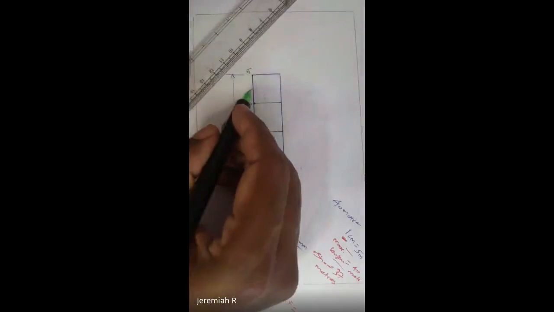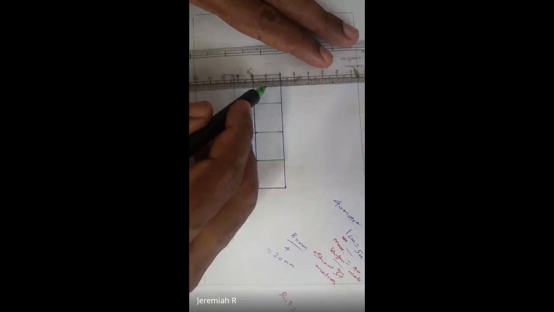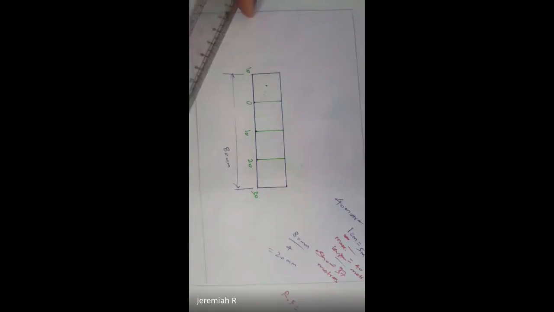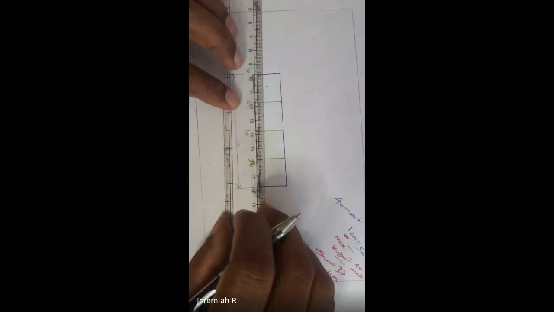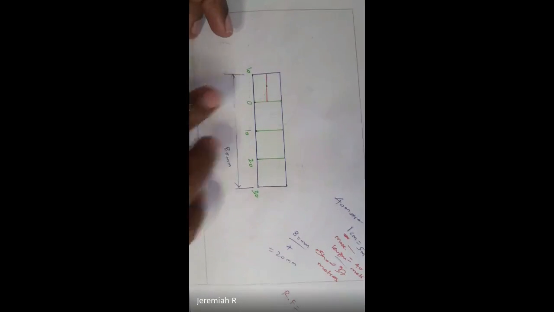Then, this somewhere in the middle, okay. So this is 20 mm width, I'm taking 10 mm. So here I'm just drawing some line here, somewhere in the middle. So this we have to divide into 10 equal parts.